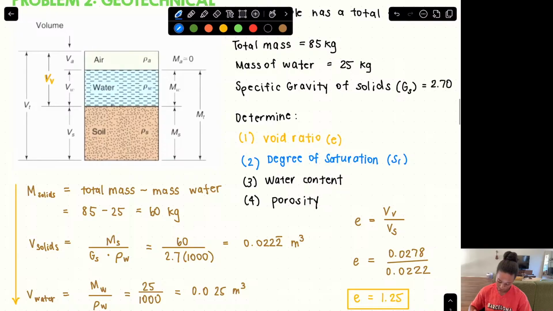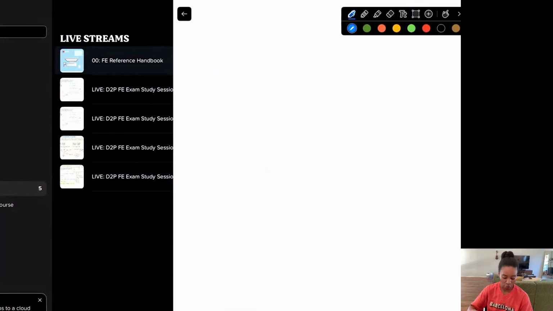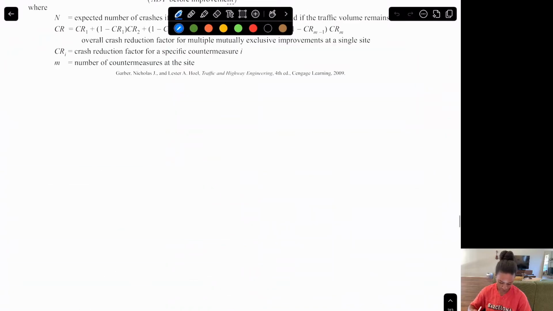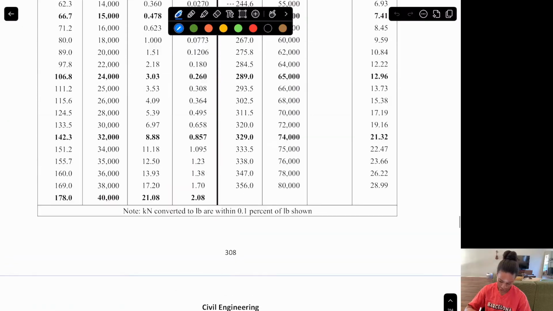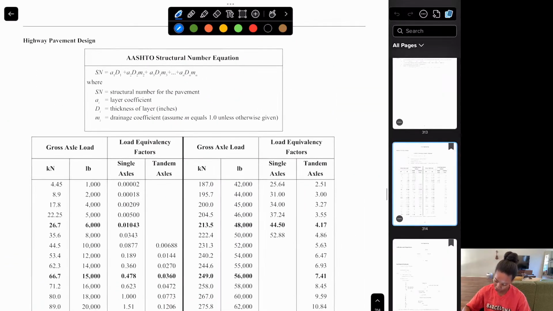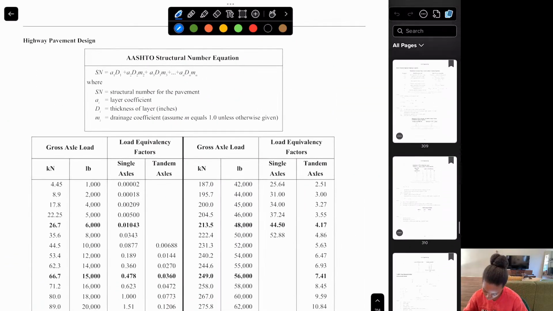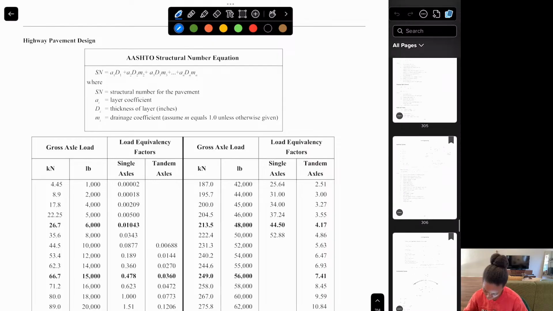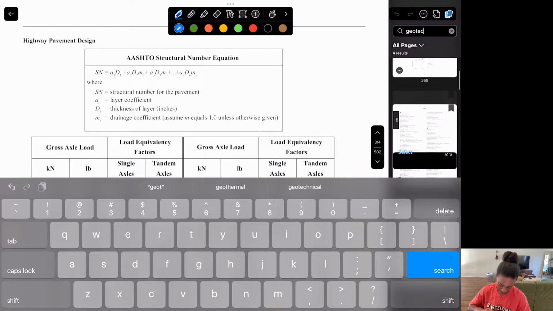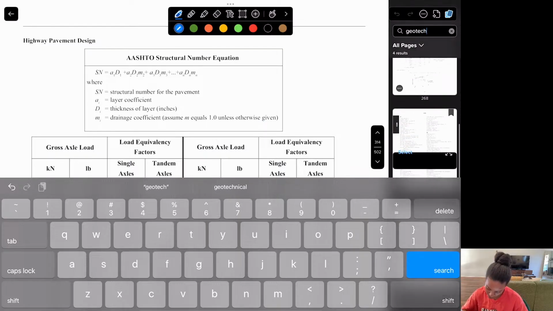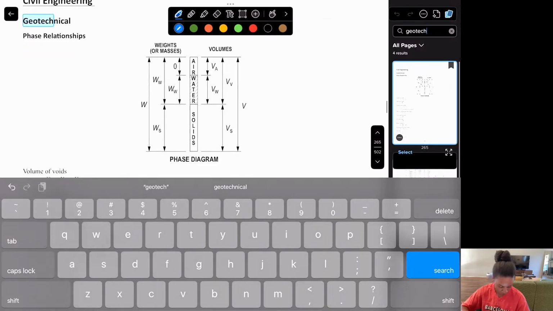Awesome. So 3, we need to find the water content. So I'm going back to the FE reference manual. Lost my place, but that's okay. Geotech. There we go.